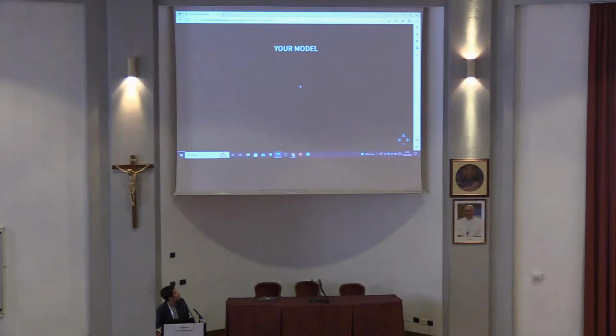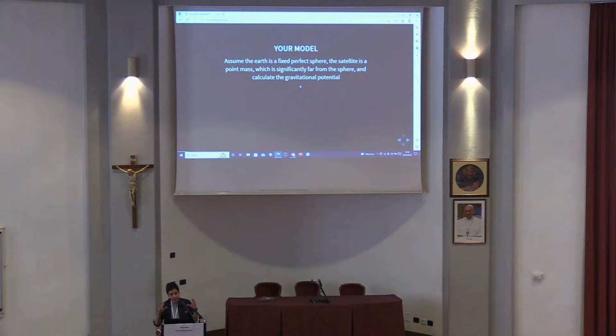One way, probably the most familiar way to anyone who's thought about questions like this before, would be to construct a model of the situation. One way that you would go about constructing such a model is you would assume that the Earth is a fixed, perfect sphere. The satellite is some point mass which is significantly far from the sphere, and you'd calculate the gravitational potential that's acting on the satellite as a result of the spherical body, the Earth.